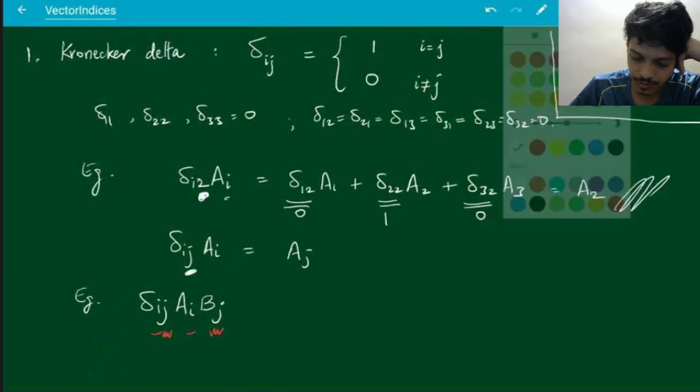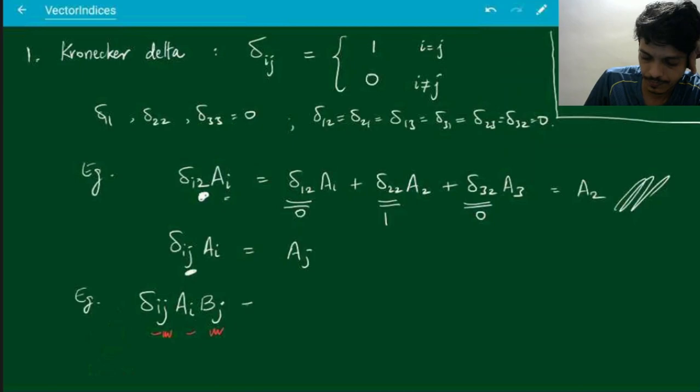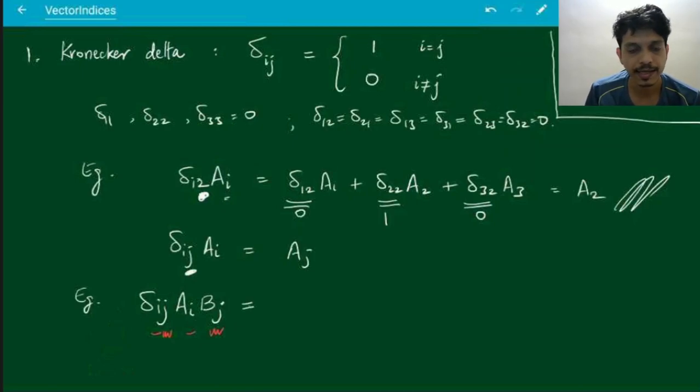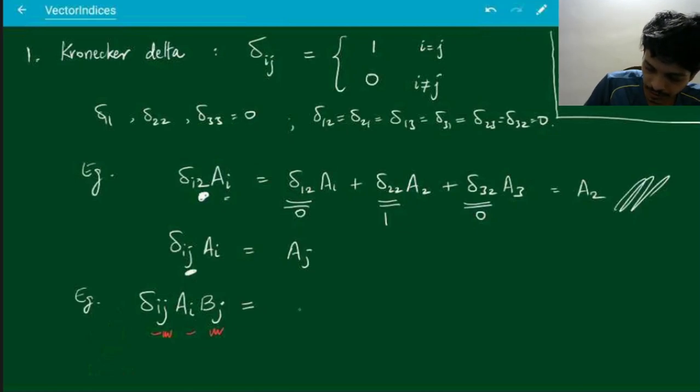So how would you do this? Over here again, as long as i is not equal to j, that term doesn't matter in the sum. It's only when i equals j that this works. So when i is equal to j, delta is just 1 and then ai bi.